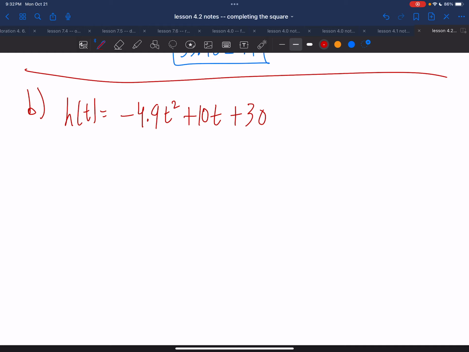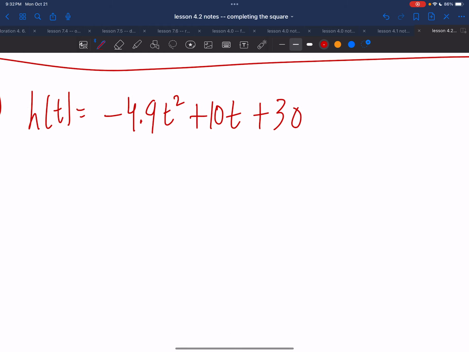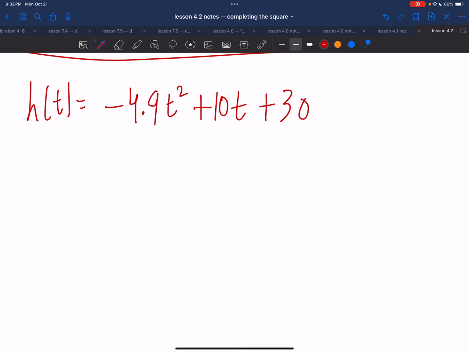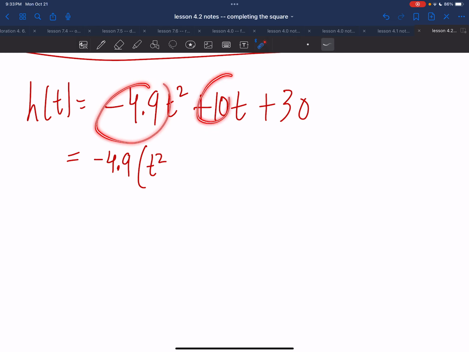Let's complete the square on this. Look at him, he's so nasty. This is negative 4.9. That's gross. If you want to complete the square, the lead coefficient has to be positive 1. So you have to factor out negative 4.9 from this expression. That's not so bad for t squared, but you have to factor it out from 10.